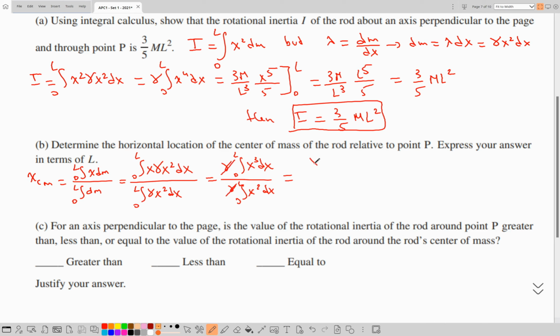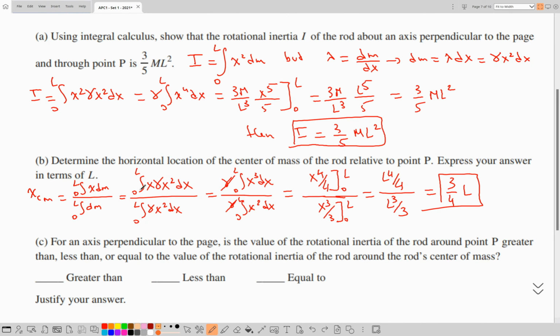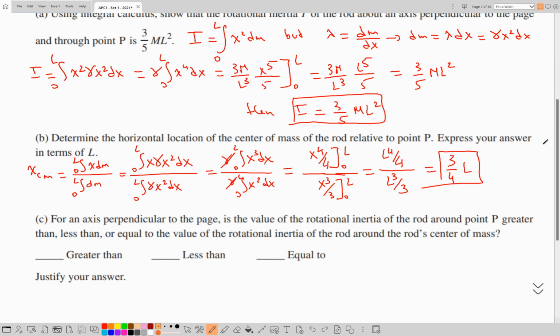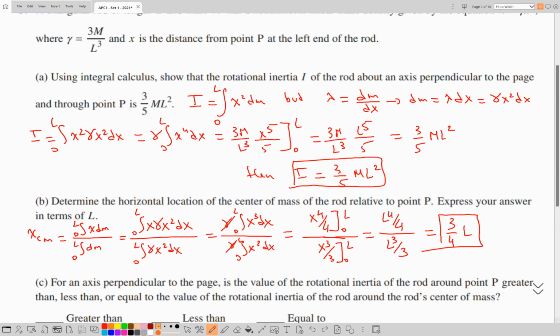Now the integral of x cubed would be x to the power 4 over 4 computed from 0 to L, and the integral of x squared would be x cubed over 3 computed from 0 to L. So that would be L to the power 4 over 4, over L cubed over 3, and that would be 3 over 4 multiplied by L. Then the position of the center of mass is given by 3 over 4 L, indeed expressed in terms of L. So what does the center of mass being 3 over 4 L mean?